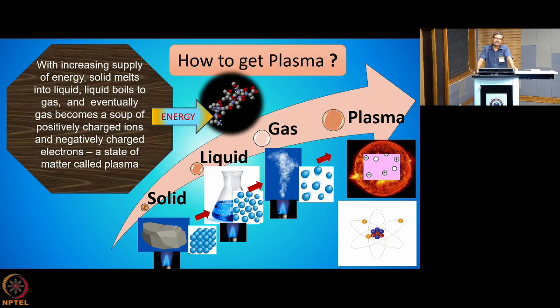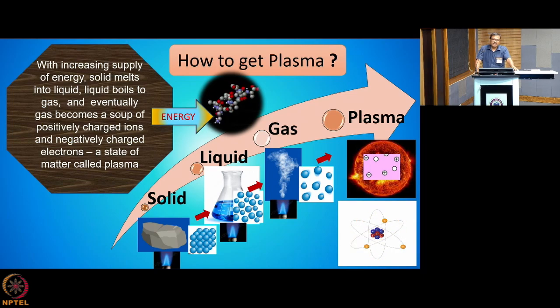A time will come when the gas will be superheated and the electrons will be stripped out from that gas. This is the stage when the plasma starts forming.